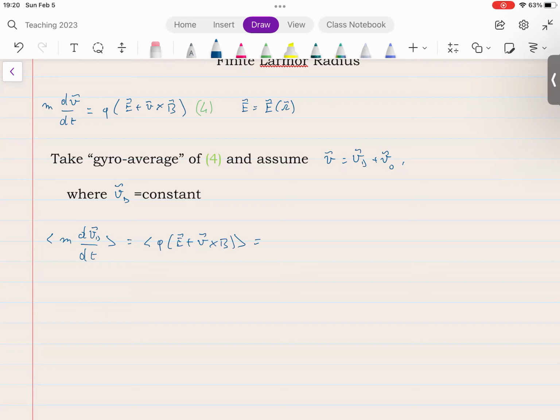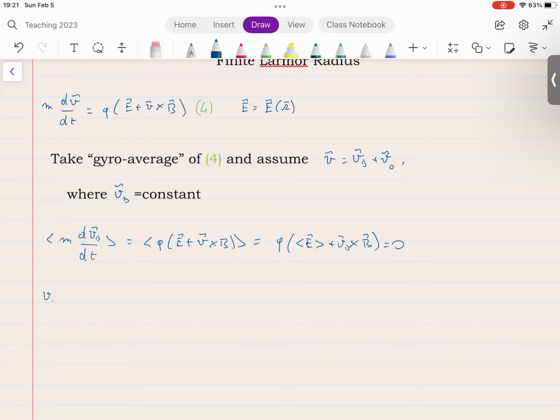Oops, sorry. The average of E, so let me use the same symbol. Average of E plus v drift cross B. As usual, I'm assuming that B doesn't change, and this is going to be equal to 0.